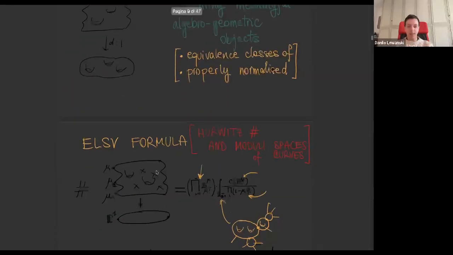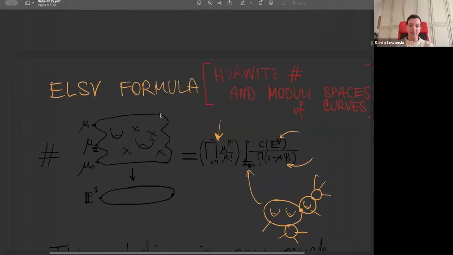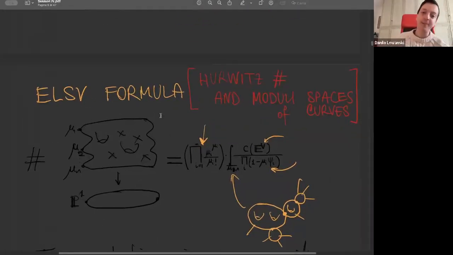And in particular, something that I wanted to show you is this beautiful ELSV formula. So, okay, let me stress, since I believe that in this course there are many people interested in applications to theoretical physics, I wanted to connect Hurwitz theory to mirror symmetry and also to Gromov-Witten theory of algebraic curves.